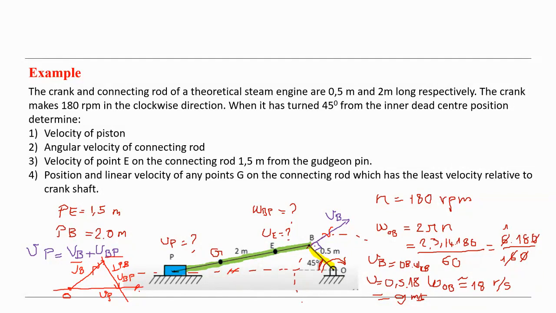The second question is the angular velocity of the connecting rod. Which is the connecting rod? The connecting rod is PB or BP. So we have to calculate the angular velocity. I lost my cursor. I know the linear speed VBP, calculated already.